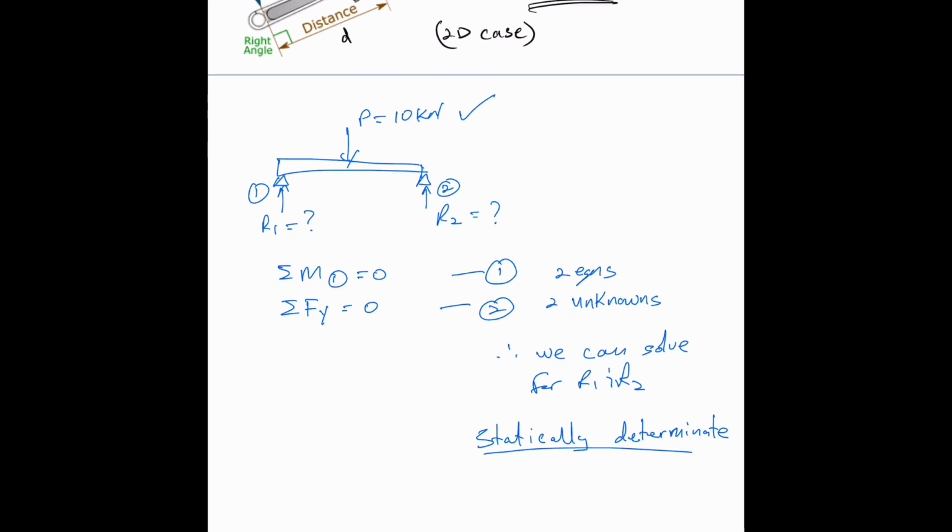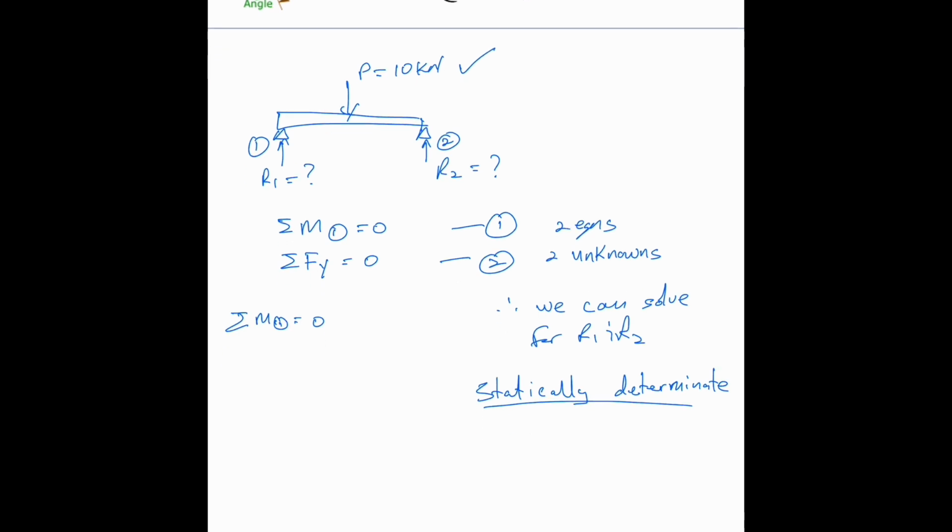If we want to continue to solve this, let's take equation 1. Remember, to take moments, moment is force by distance. Let's take moments about point 2, just to keep consistency. We call these distances L/2, because the load is in the center.